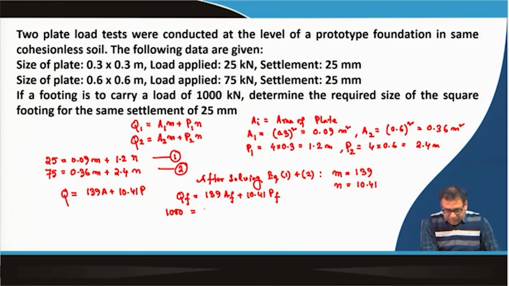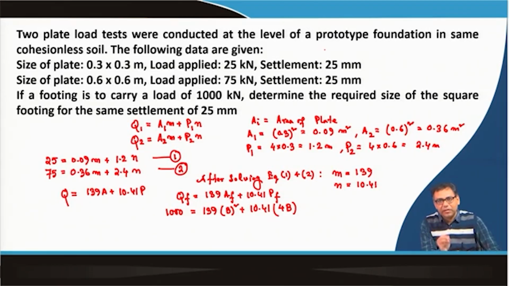So, this will be 1000 = 139 and the area of the foundation is B squared, plus 10.41 into 4B. Okay? Remember, we are comparing this 1000 directly because we have taken the same settlement. We have to compare for the same settlement value, for the footing and the plate.